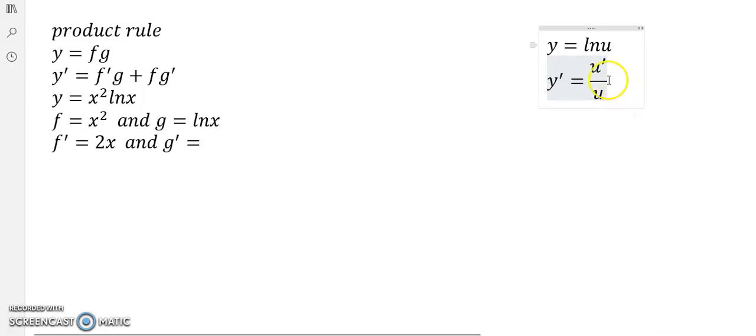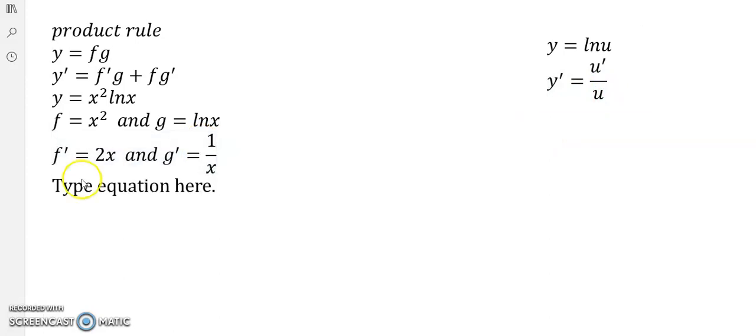Yeah, just like that. Then in place of u, here we have x, meaning that we will differentiate x and the derivative of x will give us 1, then divide it by x. Okay. Then g prime will be 1 over x.